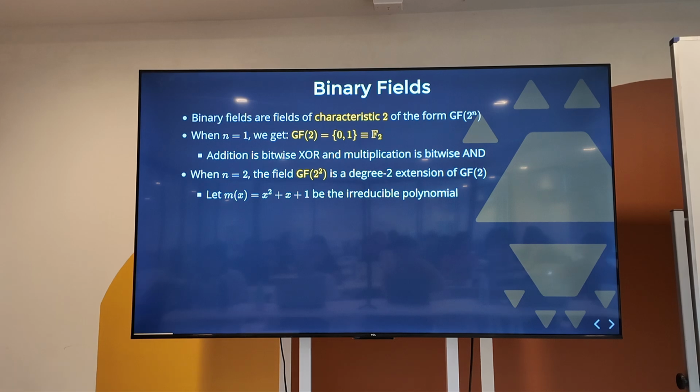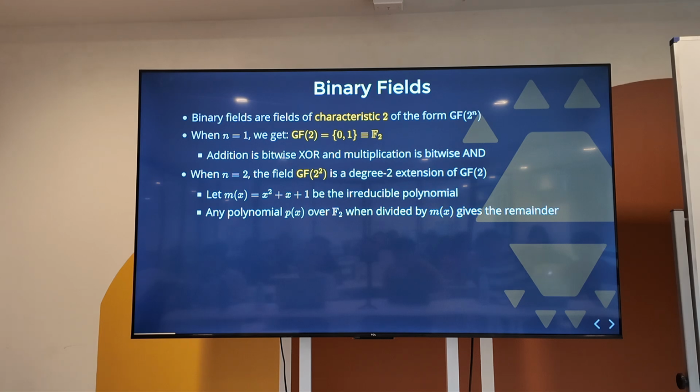I'll not go into the details of why we need these and all the math that works out for extension fields. But basically, the idea is if you define a polynomial over your base field and you divide it by the irreducible polynomial, your remainder is what you will get in the degree 2 extension in this case.